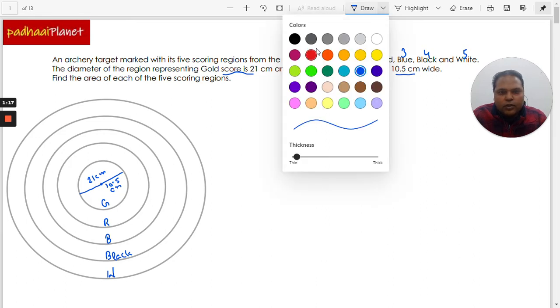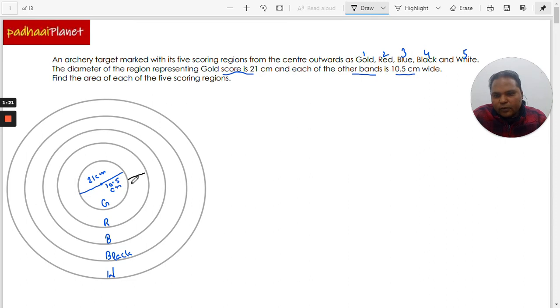So this is 10.5, the width of the next band, which is red. The next band, blue, is also 10.5, then black is also 10.5, and the last band, white, is also 10.5.